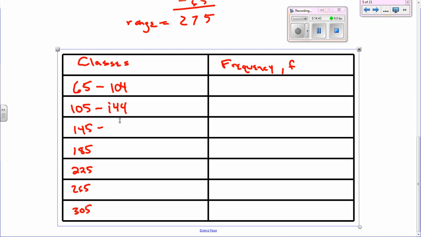So I don't know why you would go through that process again, but so it's going to go from 185 to 224 to 264, then to 304. And then for this last one, you're just going to have to add 40 to it. 344.